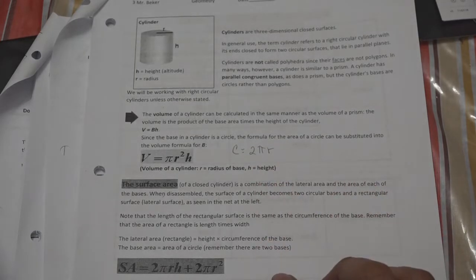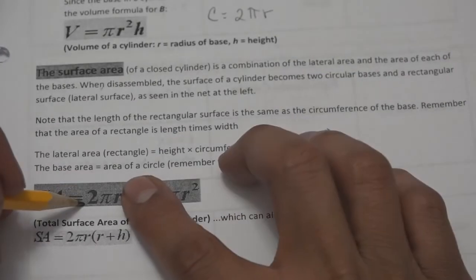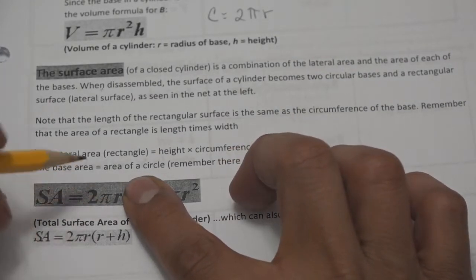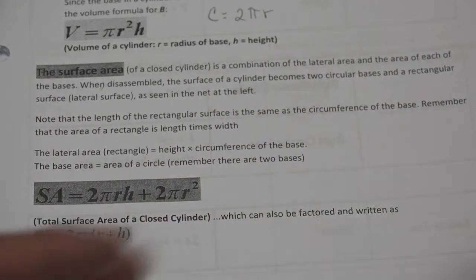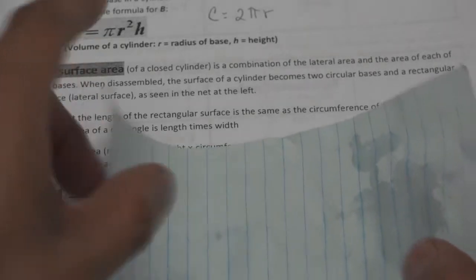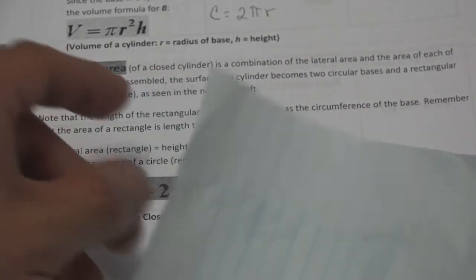All right, cool then. So now, let's see what's up. This is the circumference of the circle, 2 pi r. Now, the length of the rectangle is the circumference, times the width.